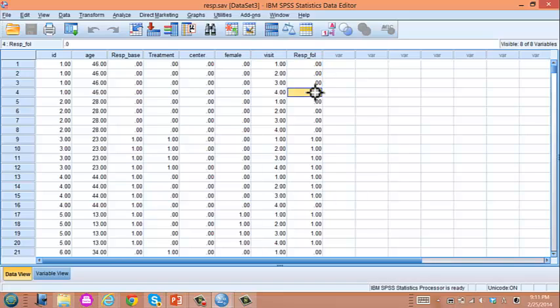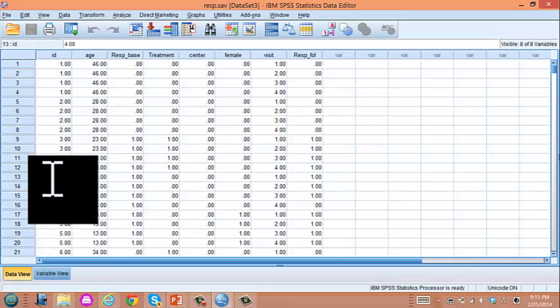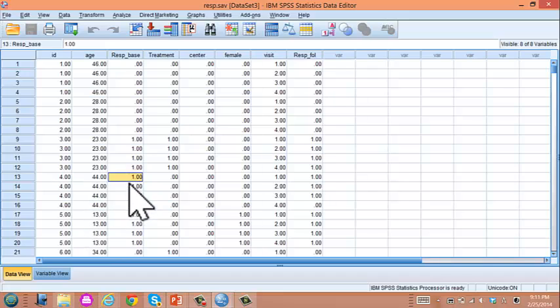Okay, and then the ID number 4 person, this person has a good respiratory status at the baseline, and at visit 1 good, and the second visit good, and third visit good. At the fourth visit the outcome becomes a poor status on the respiratory function. Okay, so this is the data we have.